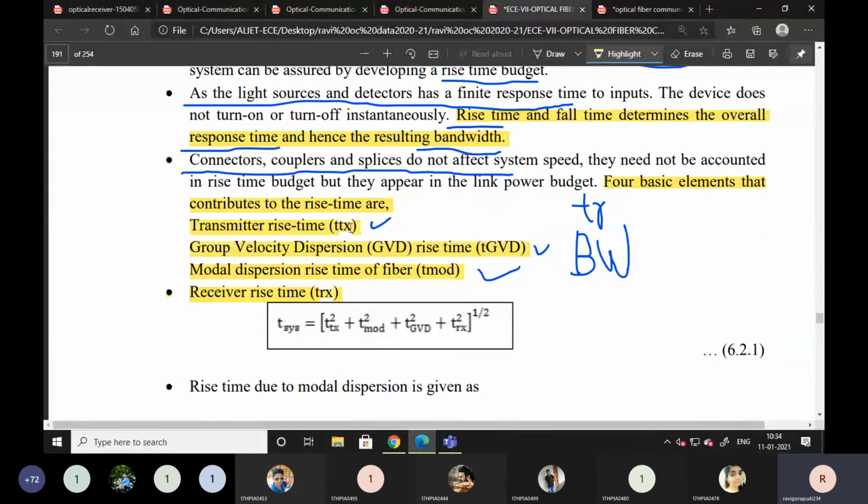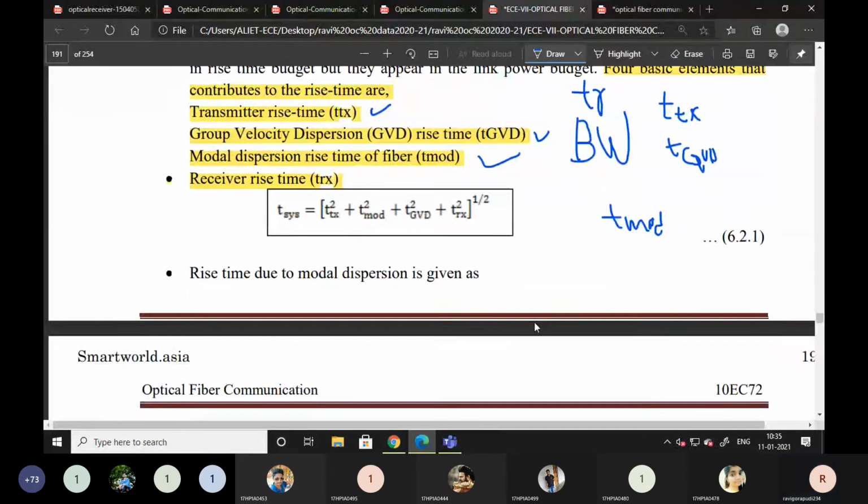Then group velocity dispersion rise time, T suffix GVD, and T mod, the modal dispersion rise time. All those you can write in parallel. And the last one is the receiver rise time, T RX.